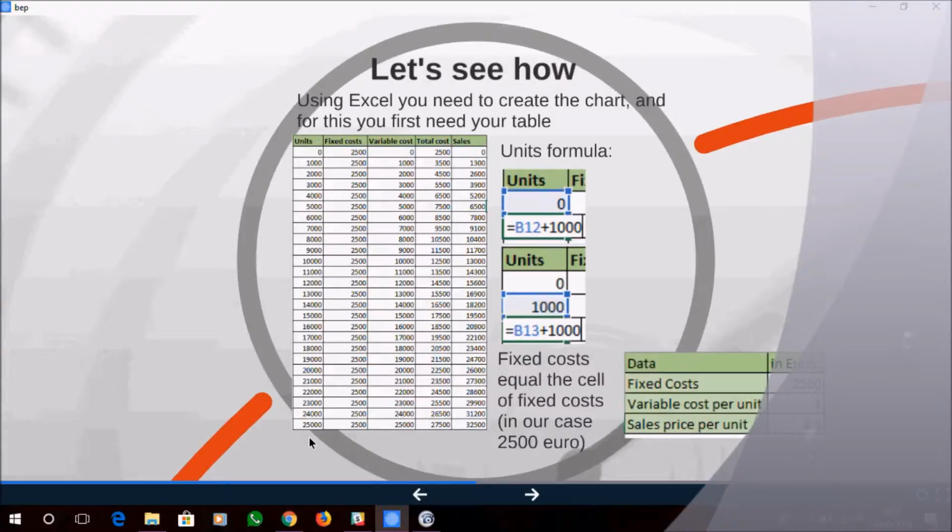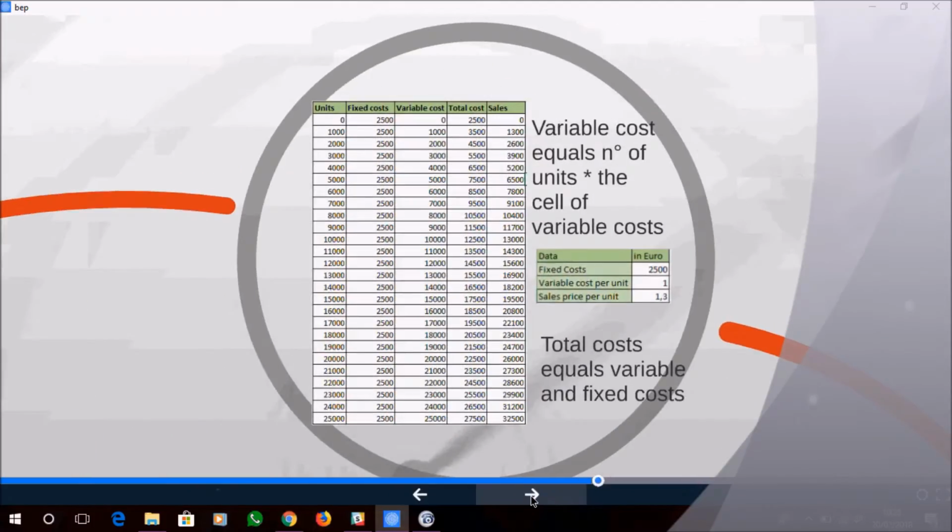The fixed costs will be equal to the cell of the fixed costs because they are the same no matter how many units I produce. So we just insert the formula and we have already the second column filled in. Let's go further. The variable cost equals the number of units multiplied by the cell of variable costs.